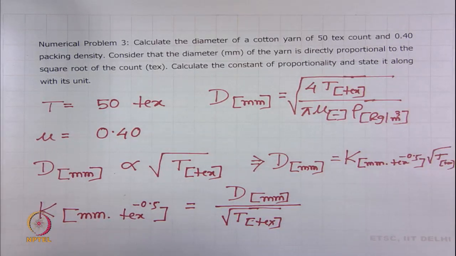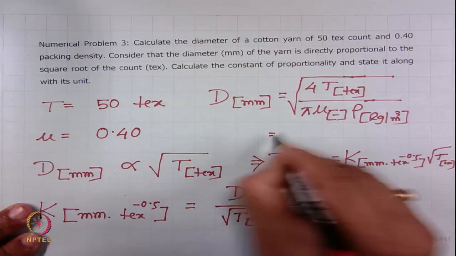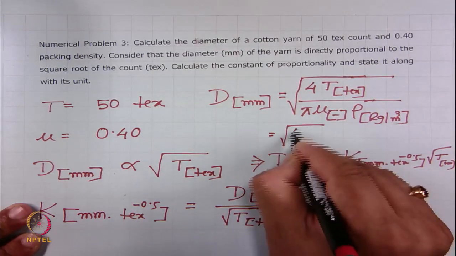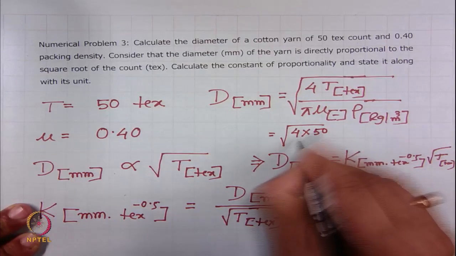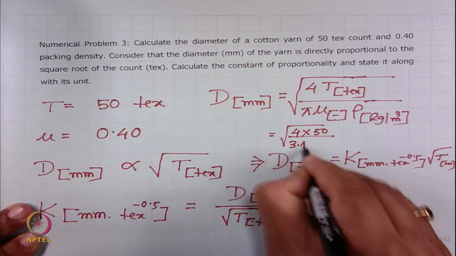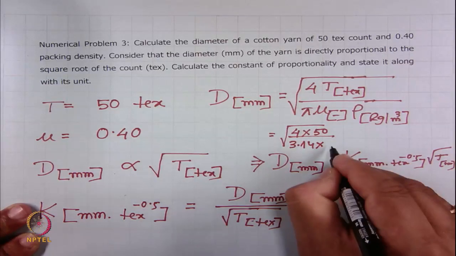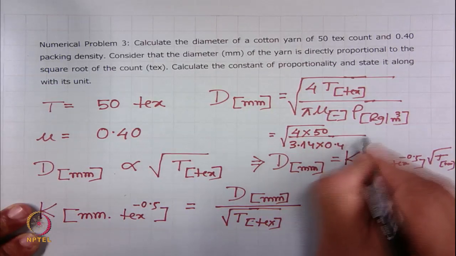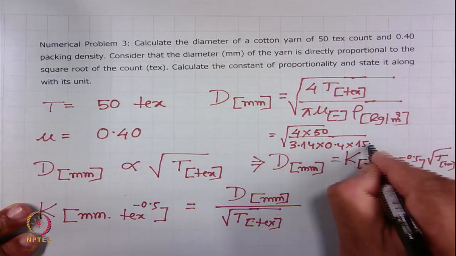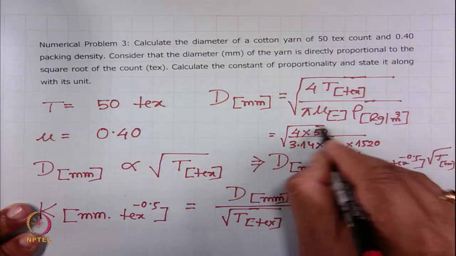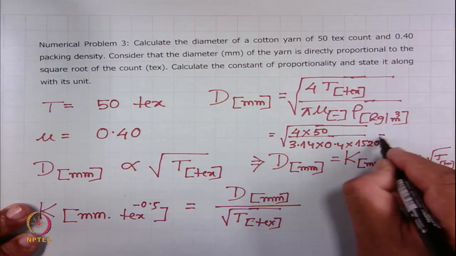Is not it? So, for capital T 50 divided by pi into mu 0.4 into density of cotton fiber, we can take 1520 kg per meter cube. So, what will be this value?